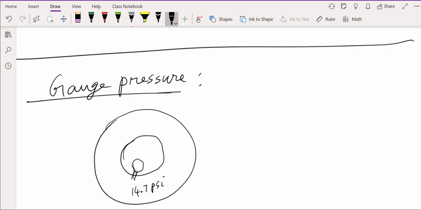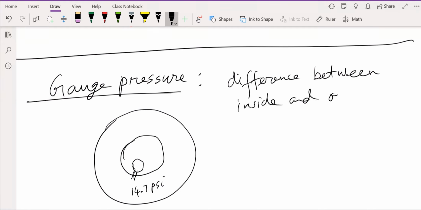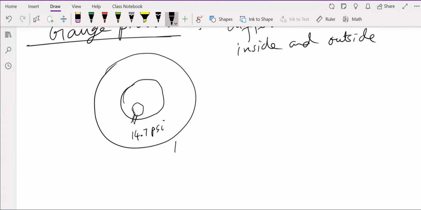Exactly. So gauge pressure is the difference between inside and outside. So what was the outside though? 14.7 psi, right? So if the inside is 14.7 psi and outside is 14.7 psi, that is why it is reading 0.